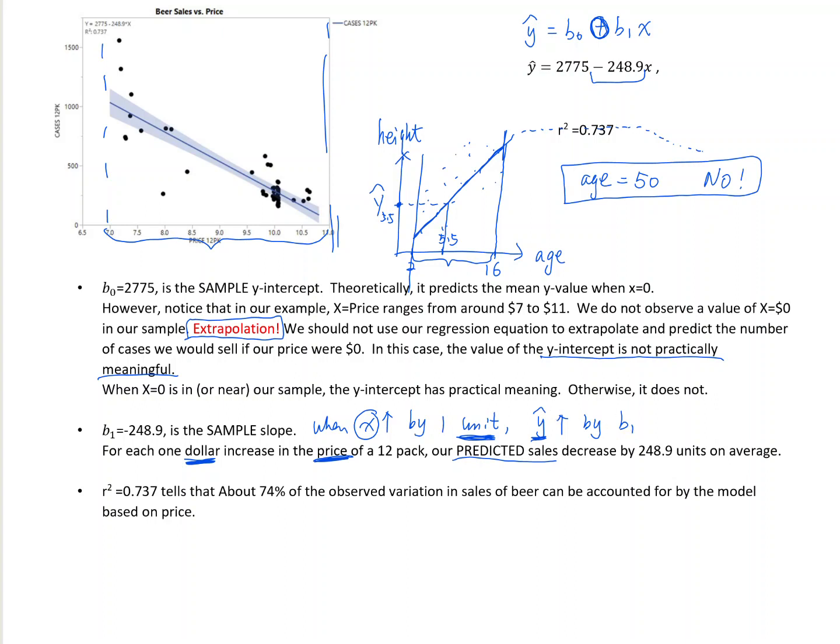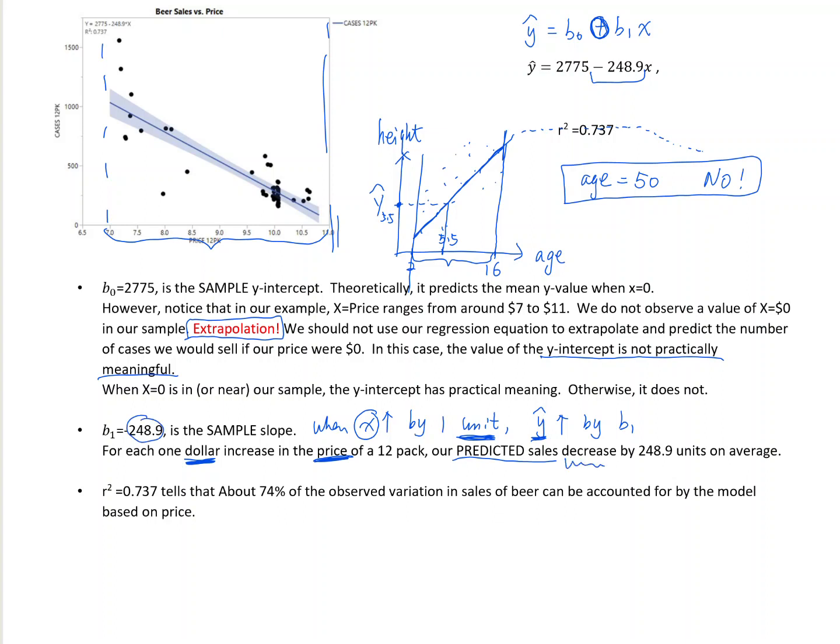That means theoretically we say y hat will increase by negative 248.9. But for this case, it is not a good way to say increase by a negative number, right? So what we say is y hat will decrease by the positive part.